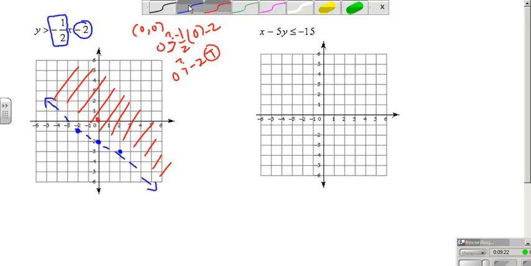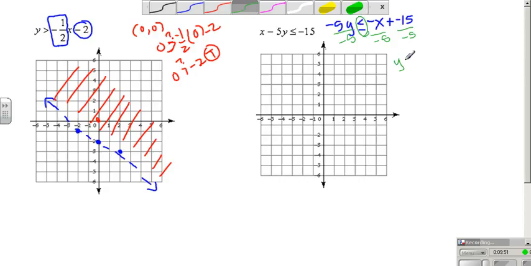Now our next example over here is also not in the appropriate form. So I'm going to start with negative 5y is less than or equal to negative x plus negative 15. Now, when we divide by a negative 5, remember that key rule, and you will see I always circle, you have to flip the inequality.